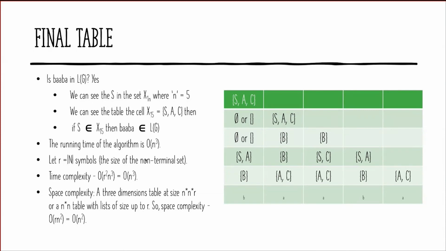The running time of this algorithm is not exactly n cubed. It is basically r squared n cubed, where r is the number of variables or symbols. Why r squared? Because while filling each cell, we take two smaller sets and try combining every variable from the first set with every variable from the second set, and try to find the rule that leads to those pairs of variables.